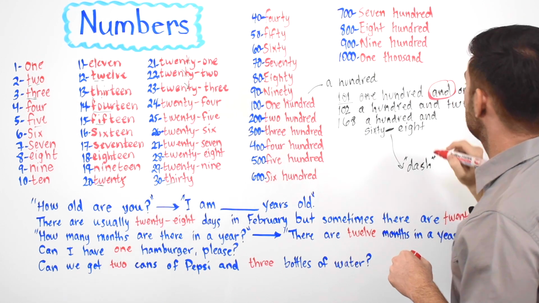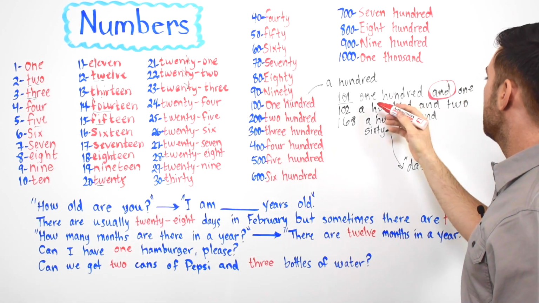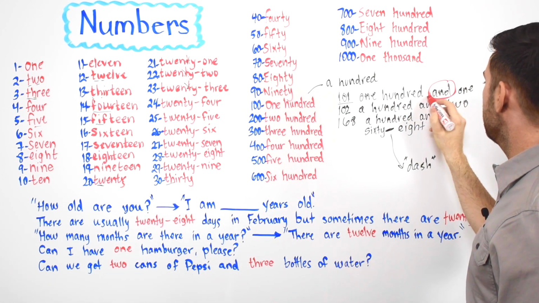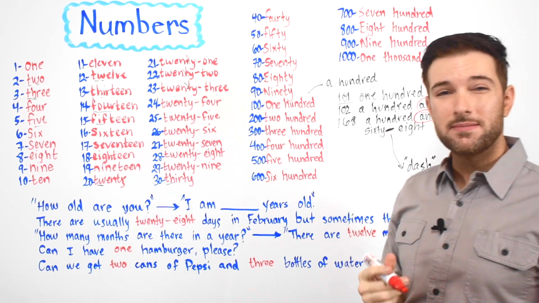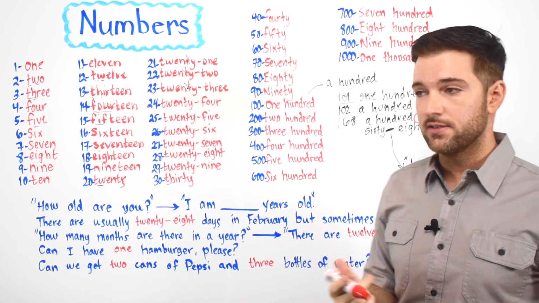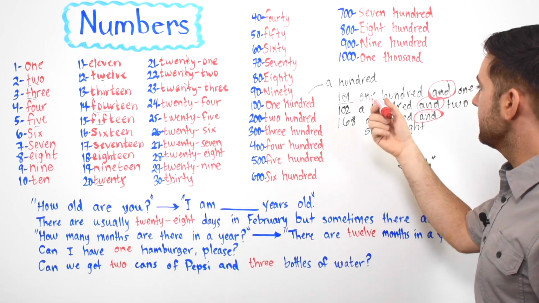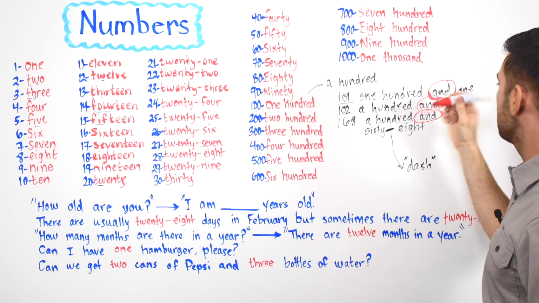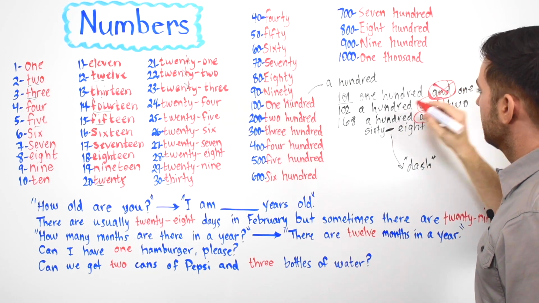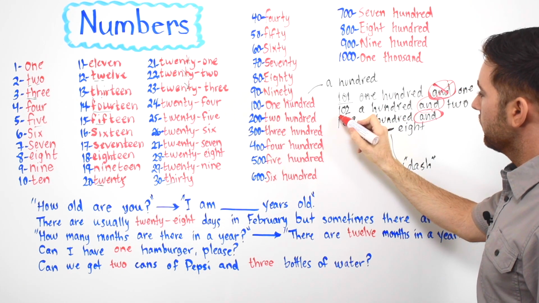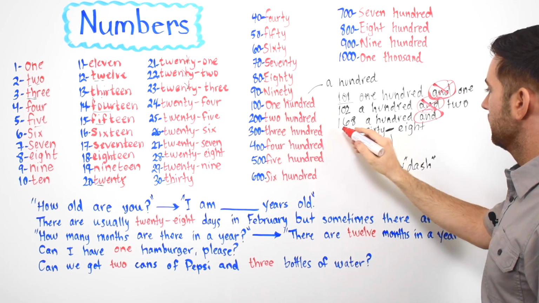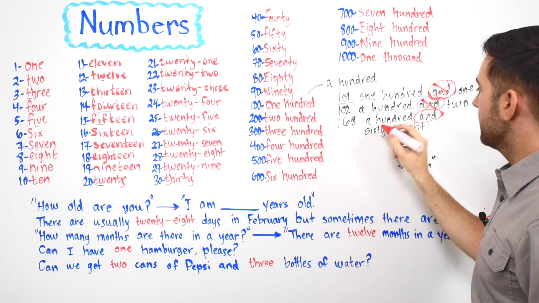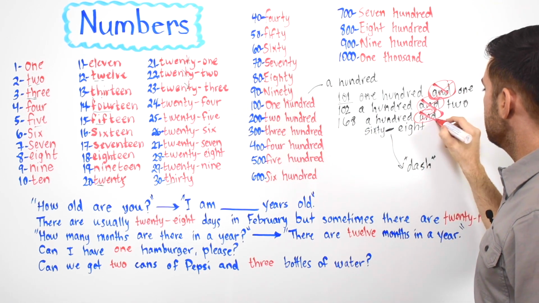Now, in America, we have "and." Okay? So in America, we use "and." 101, 102, 168. Oftentimes in Canada, they don't use that. Okay? So oftentimes in Canada, they say one hundred one. In Canada, instead of saying one hundred and two, they would say one hundred two. 168 becomes one hundred sixty-eight.